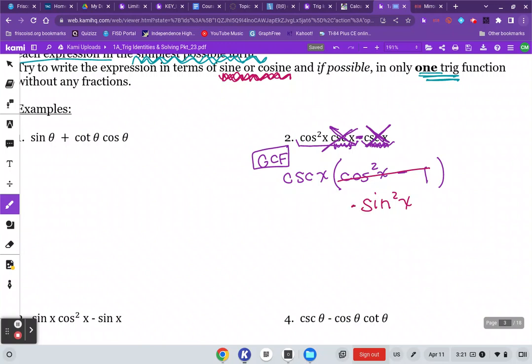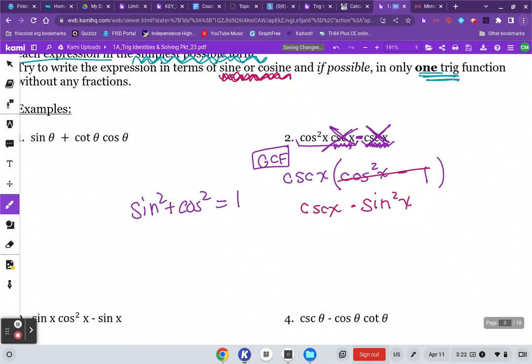Hang on one second. So my identity would be sine squared plus cosine squared is equal to 1.